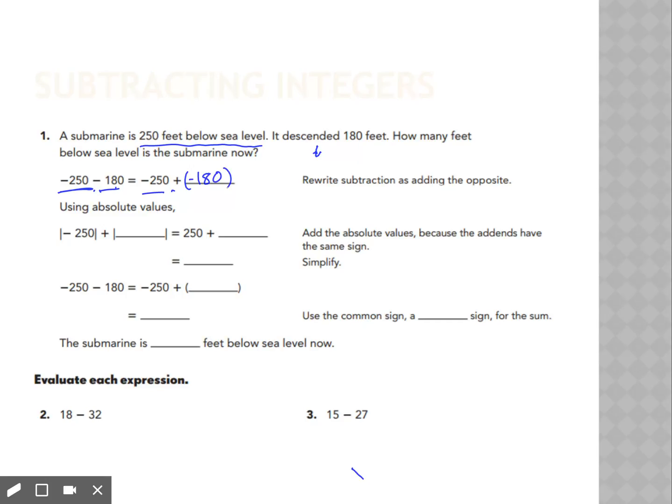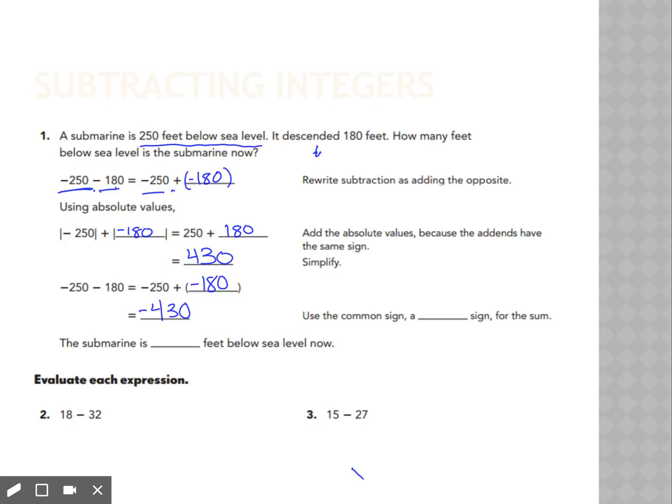So using the absolute value rule, the absolute value of -250 plus -180 turns into 250 plus 180. 250 plus 180 is 430. Go back to our original problem of -250 plus a -180. That reminds us that our answer is going to be a -430.